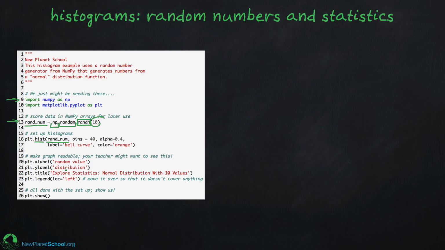Okay, so what's kind of fun about this is, if you're learning about random numbers or statistics, what happens if I have a normal random number distribution with only 10 values? So I go out and I make a measurement. I measure 10 values. One interesting question is, can I even tell with 10 values that it's a normal distribution?